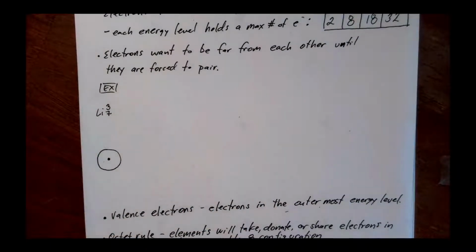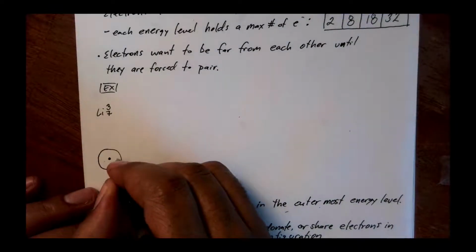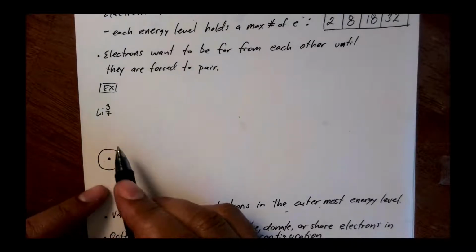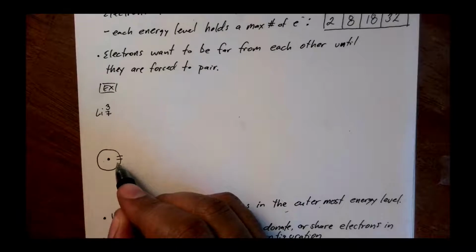the next thing is filling in the electrons, and that's what this whole process is really about. So when you're filling in electrons, what you need to know is the first 2 electrons go on the right, and the first energy level holds a maximum of 2. So if I was to do hydrogen, for example, I would just do 1 and it would be on the right.